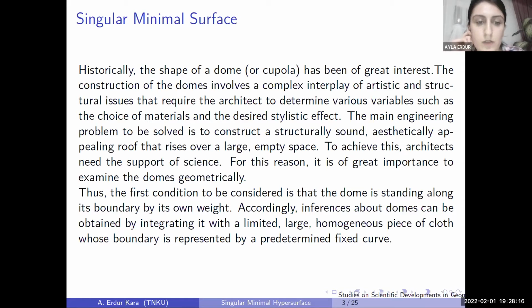Thus, the first condition to be considered is that the dome is standing along its boundary by its own weight. Accordingly, inference about domes can be made by integrating it with a limited large homogeneous piece of cloth whose boundary is represented by a predetermined fixed curve.